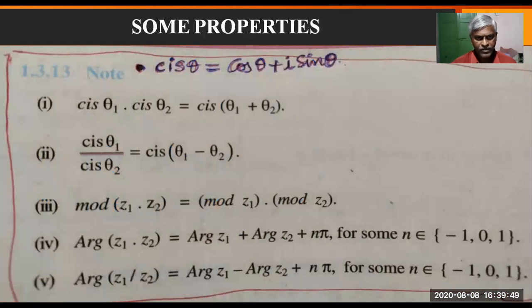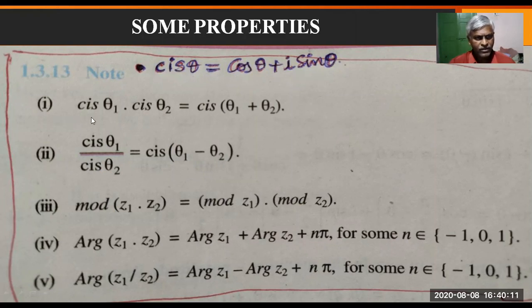Let us observe these properties. Cis theta is the abbreviation of cos theta plus i sin theta, the short form.